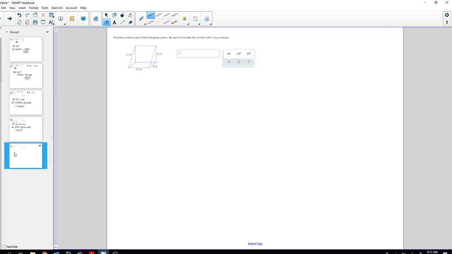The last one that we have here is our triangular prism. For this one, the surface area equals the perimeter of the base, which in this case is the perimeter of the triangle, times the height of the prism, plus the base of the triangle times the height.